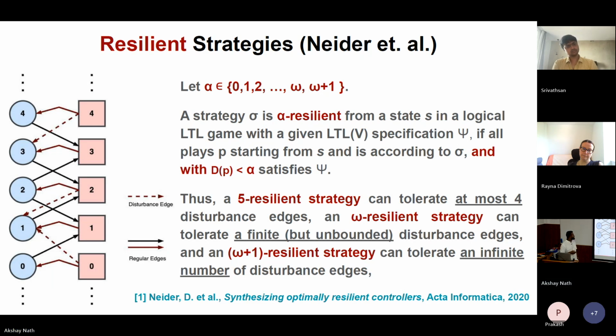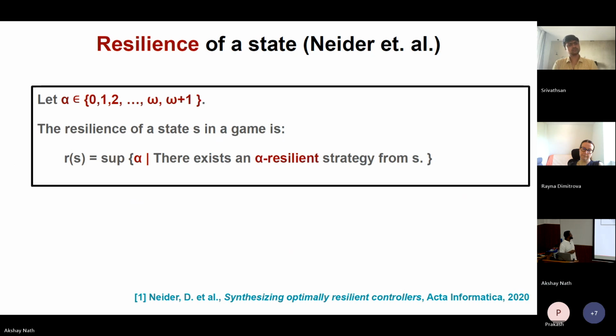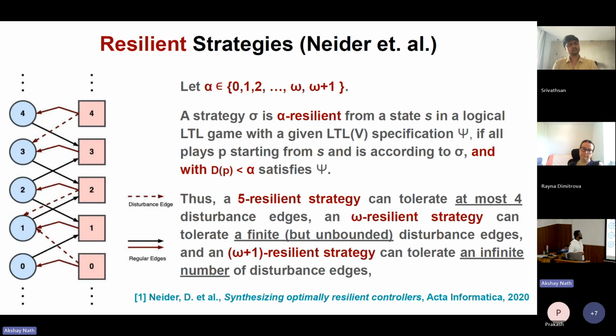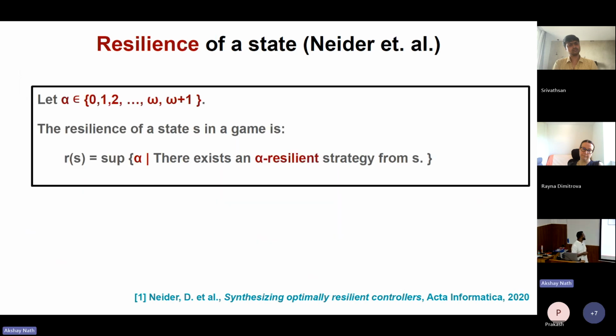Now, once we know what an alpha resilient strategy is, we come to what is the resilience of a state. So the resilience of a state S in a game, we denote it by R of S, is the supremum of alpha such that there exists an alpha resilient strategy from S, right? From S, suppose there's a 1 resilient strategy that can ensure that you can win the game under at most 0 disturbance, and you have an omega resilient strategy.